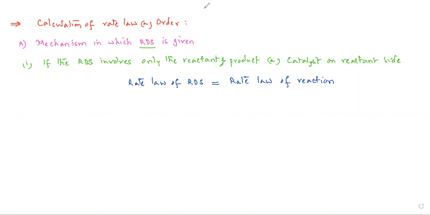Simply speaking, as we discussed earlier also, if the rate determining step has all the reactants, straight away you can write the rate law, and of course from that the order, just considering the rate law of the rate determining step. So let me give you an example.